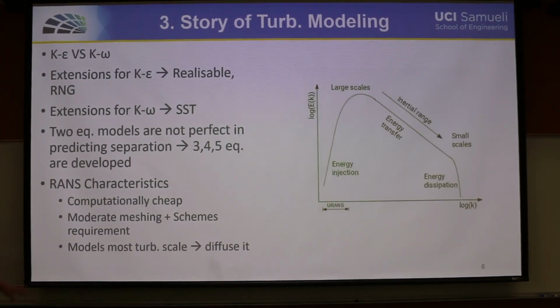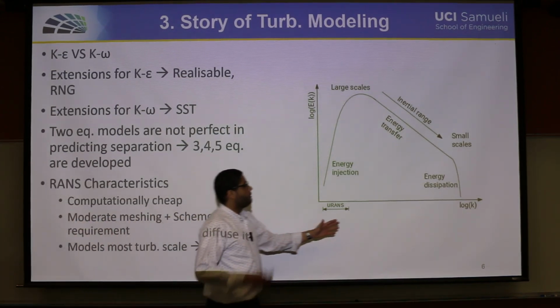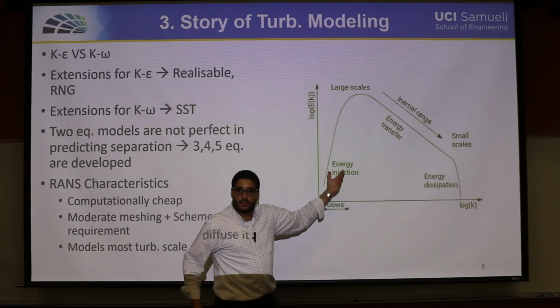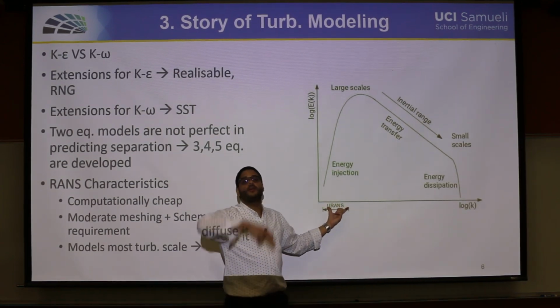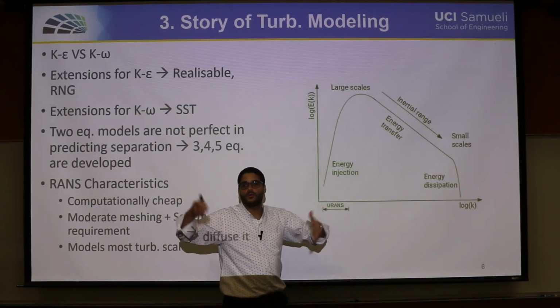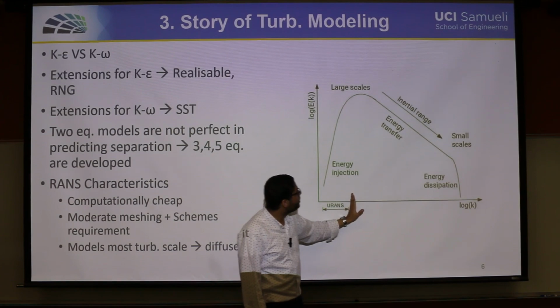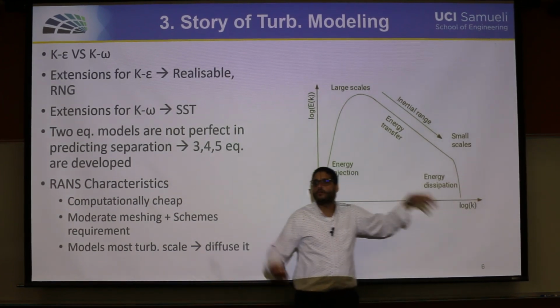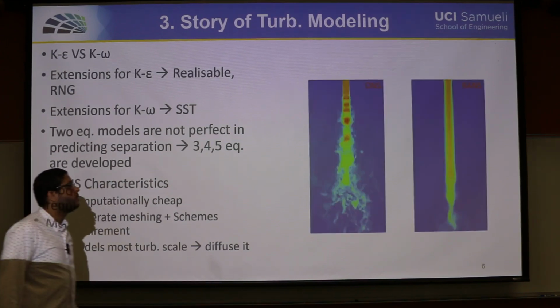However, the bad thing is that they model most of the turbulence scales. As we have seen before, we have large scales and we have smaller scales. They only resolve the very large scales that are comparable to your body shape's characteristic lengths. But starting from here, going down to the dissipation, all of that is being modeled. It's not being resolved by the equations. And what's the drawback of that?